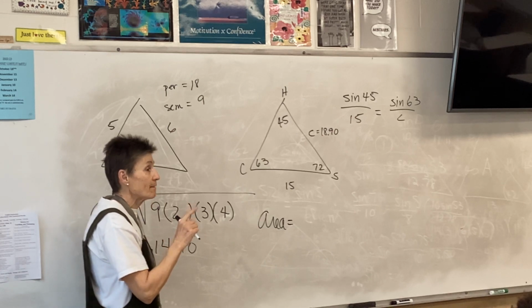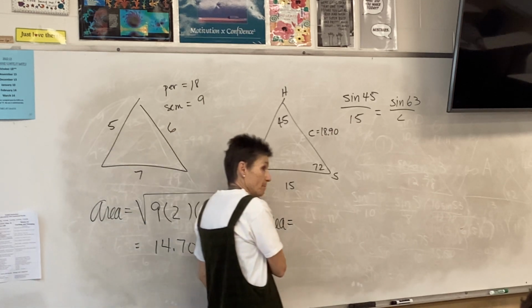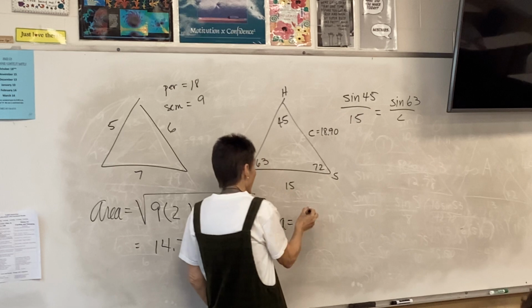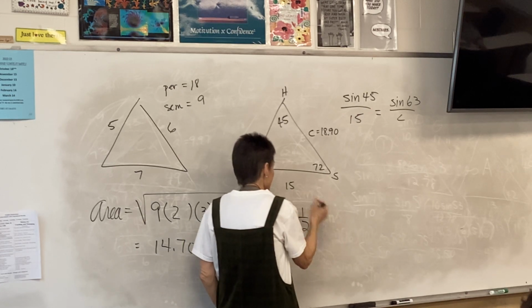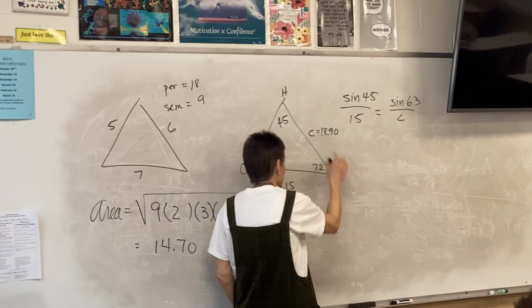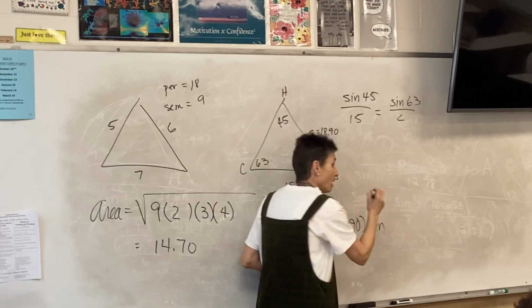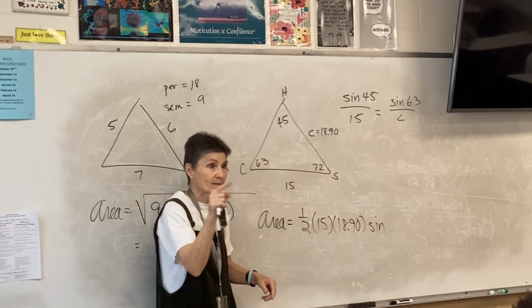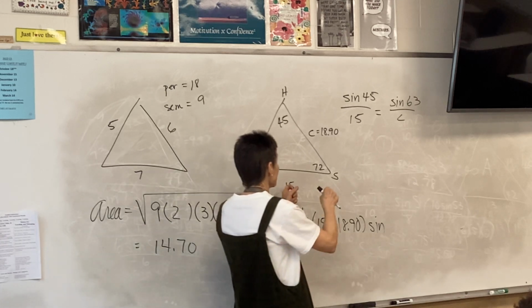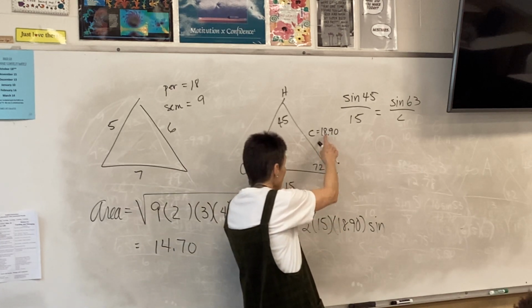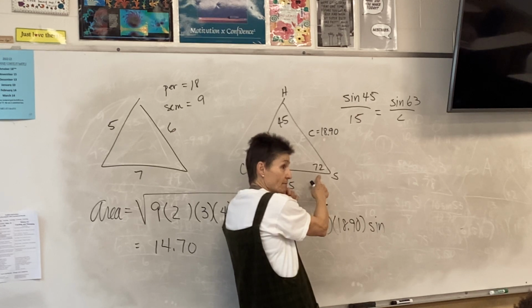Now, can I find the area? Remember, that was my job, to find the area. 1/2 side times side times sine of the angle in between the sides. So since I use 15 and 18, I'm gonna have to use 72.